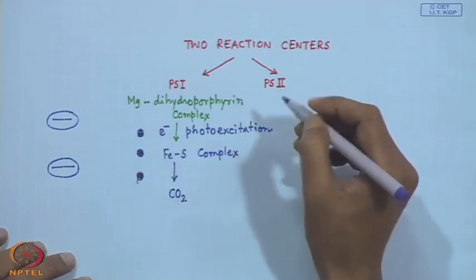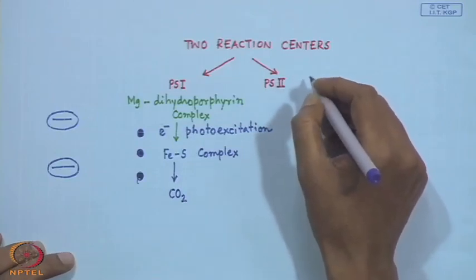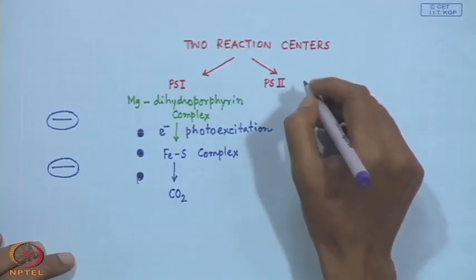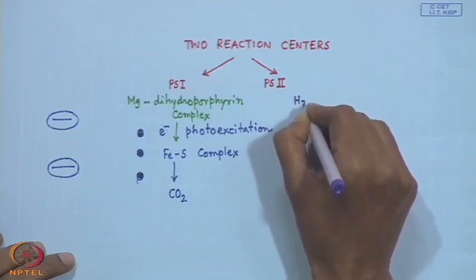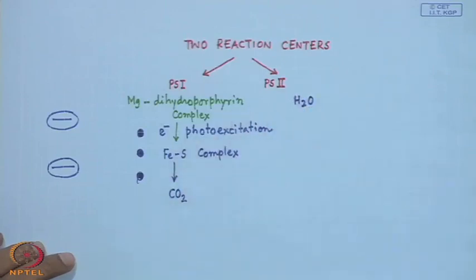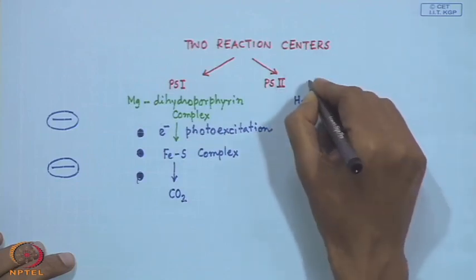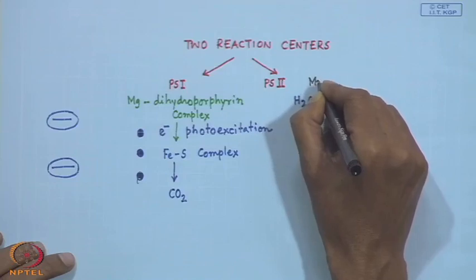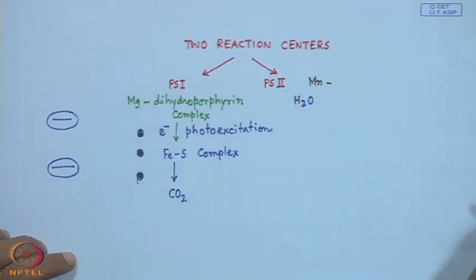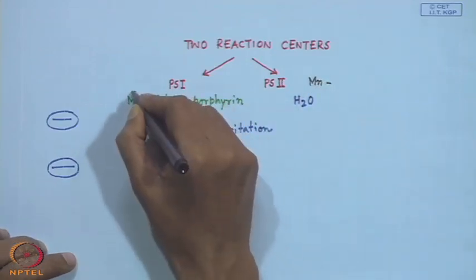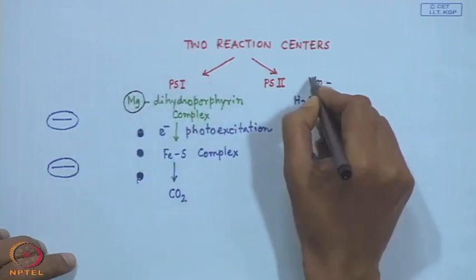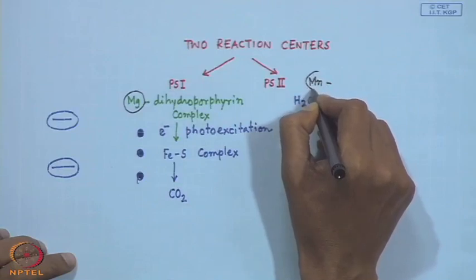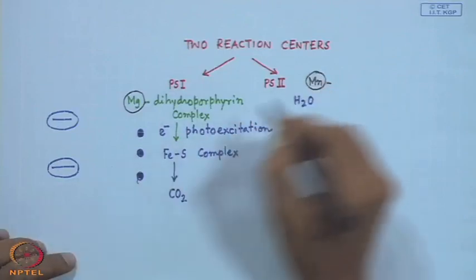So, this is the photosystem one reaction center, and photosystem 2 is the one we just handled, the oxidation of water molecules. And here we will introduce one other metal center. Remember that when we talk about photosynthesis, we are talking about magnesium, and at one point we will be talking about manganese.